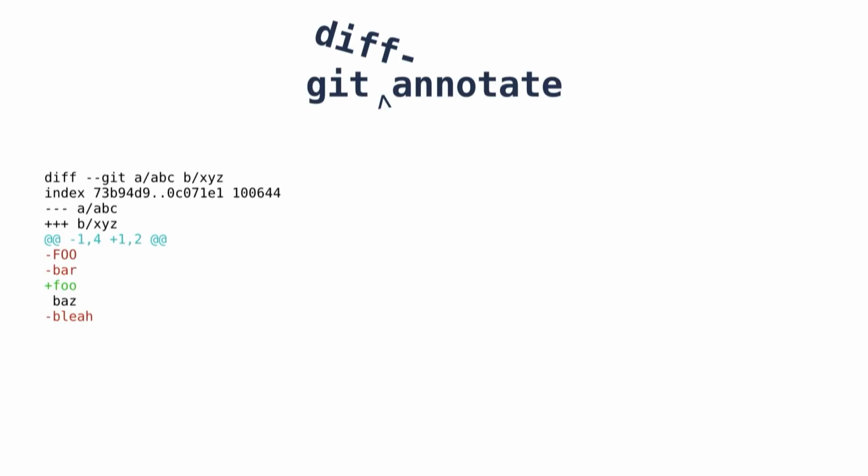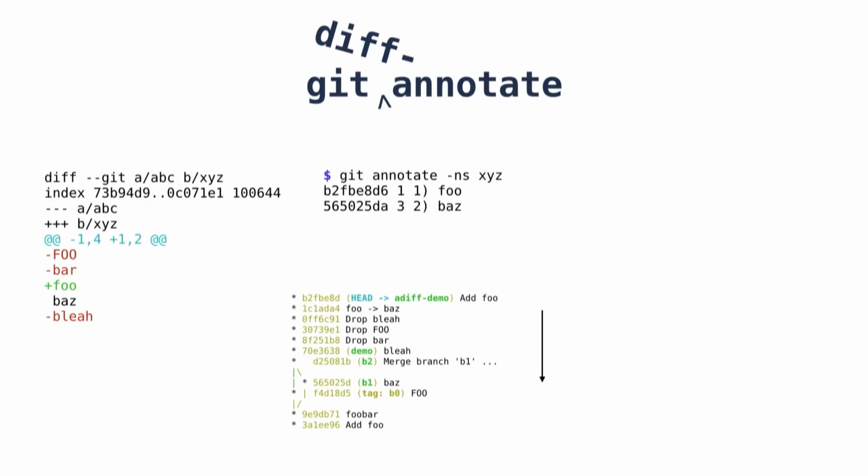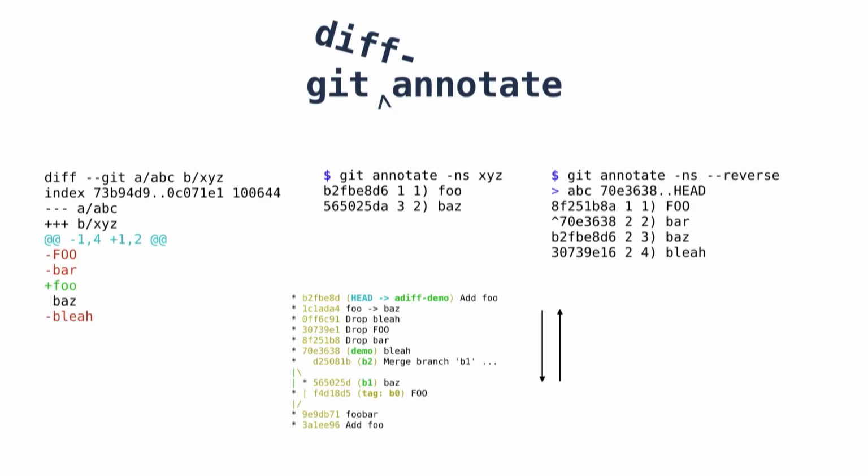So let's see if we can really squeeze diff annotation in, given what Git already gives us. So if we generate a diff, start with that. Seems like a good place to start. And then we call git annotate once for each file that shows up in the diff, so maybe a little slow. But that will give us half of what we need. Great. The only thing left to do is get the removed lines. And git annotate has a reverse option, which will walk the DAG backwards, which is forwards through history.